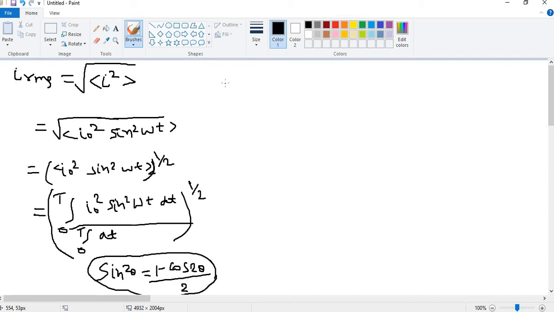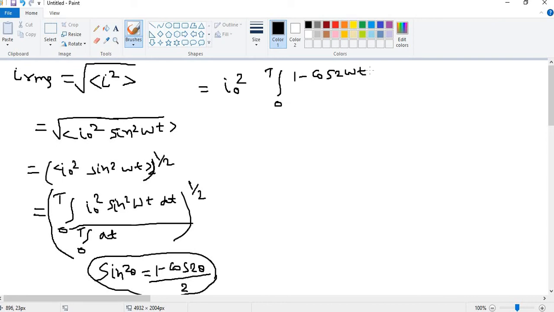I naught square is a constant, so I am taking it outside. It will be the integration from 0 to T, and instead of sine square omega t, we write 1 minus cos 2 omega t.